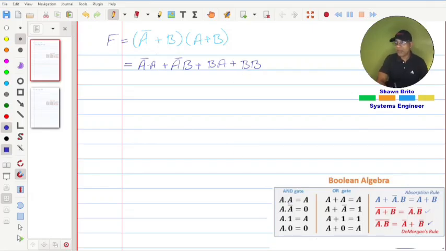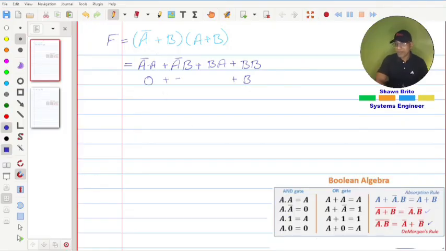The Boolean algebra table shows me that A into A is A, so therefore B into B is B. Let's look at the one over here: A bar into A is 0.